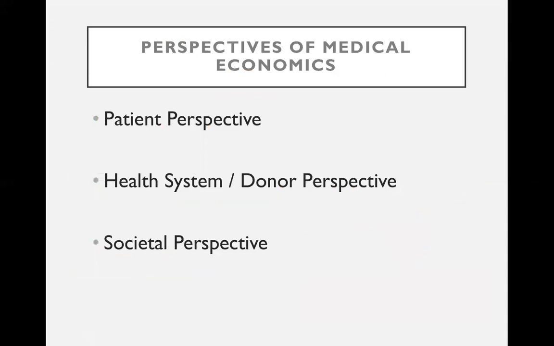Now, the decisions we make in medical economics can differ greatly, and this is based on what perspective we take. When we deal with decisions, we have to consider the perspective by which the decision is made from. In medical economics, there are three perspectives that we can use: the patient perspective, the health system perspective, and the societal perspective.